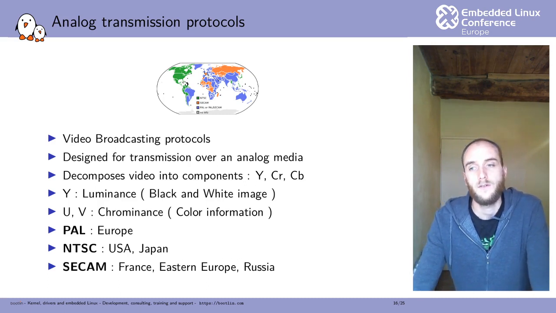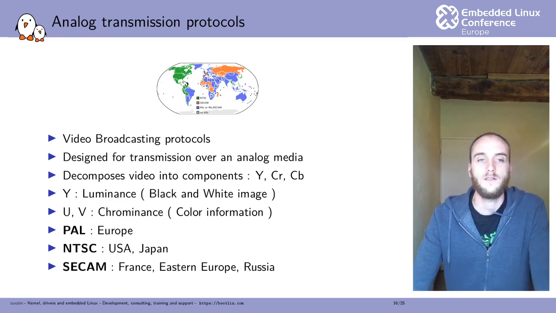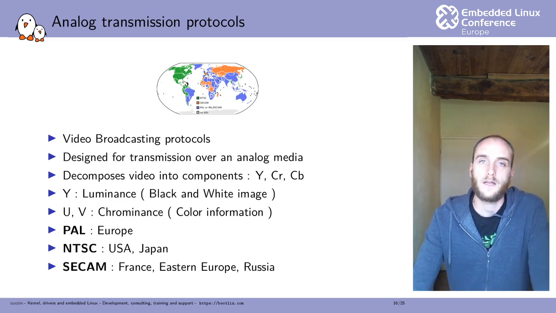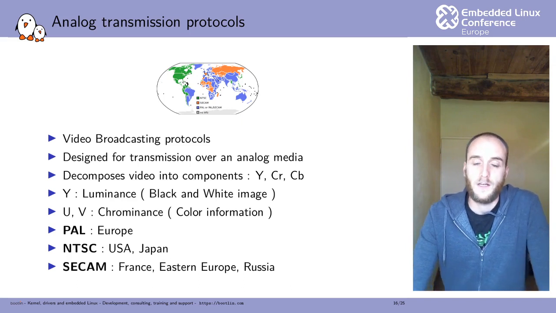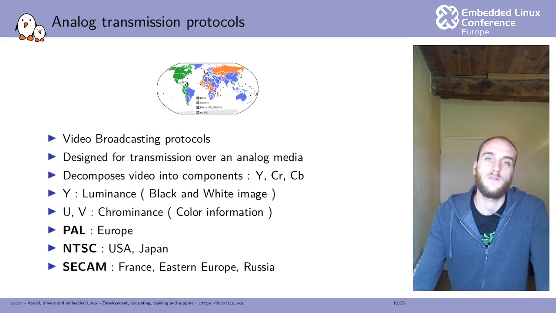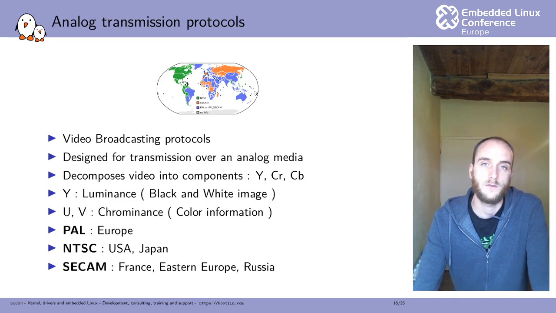So by doing so, you have 2 main advantages. The first one is that if you transmit your luminance signal over the frequency that the black and white televisions were designed for, they are still going to display your black and white image correctly. If you then also transmit the chrominance information on other carrier frequency, you can also design color TVs which will be compatible with the same signals.